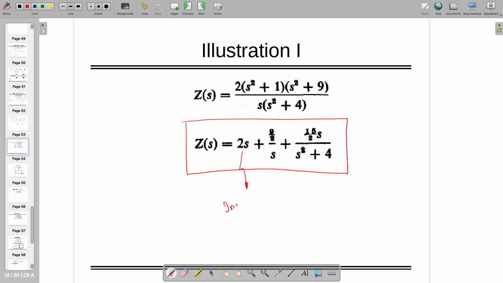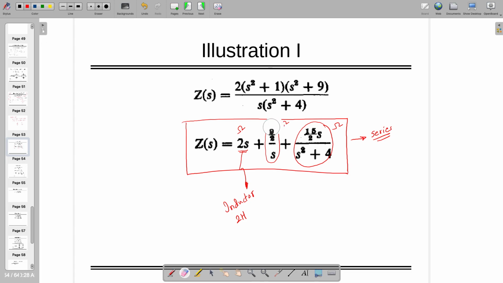Inductor with a value of 2 Henry, right? The unit of this one is ohm, this one is ohm, this one is ohm. All the ohms are coming with the plus sign, which means they have to be in series. That's why we are solving with the Foster series technique, right?